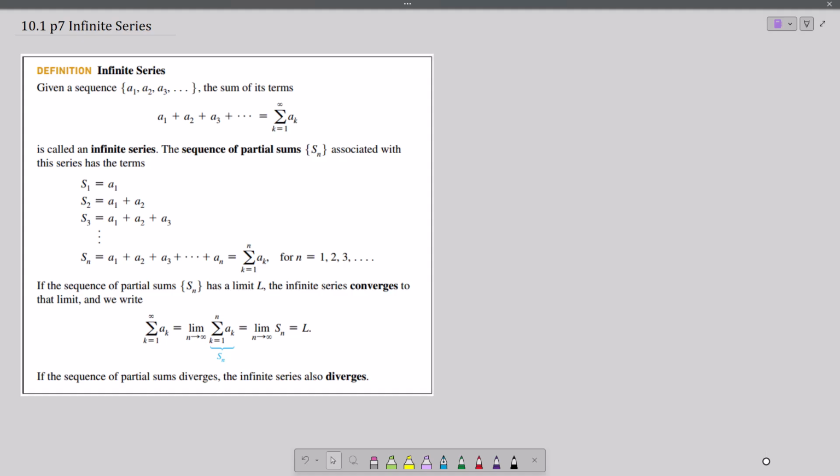What is a series? First off, again, a series is infinite unless they tell us otherwise. Series means sum. So we start with a sequence of terms, and we're going to take that sequence of terms and add them all together.